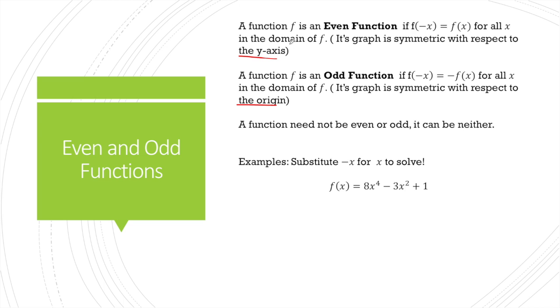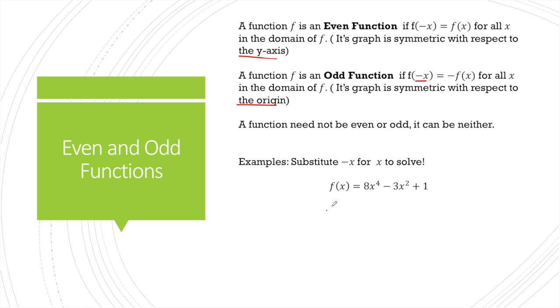So in order to tell if a function is an even function, if I substitute in negative x and I get back f of x, our original function, it's going to be symmetric with respect to the y-axis. If I plug in negative x and it's an odd function, my result will be negative f of x, okay? So we're just going to substitute for negative x in order to solve these.